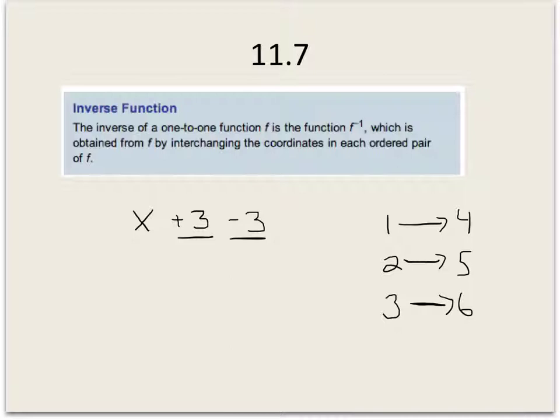If, however, I said that 4 also went to 6, I still have a function because every input only has one output, but it's not one-to-one because that 6 has 2 inputs. That means if I were to take its inverse, go backwards, I would have a problem because I would have 2 things going to 1. So we only do inverse functions for functions that are one-to-one.